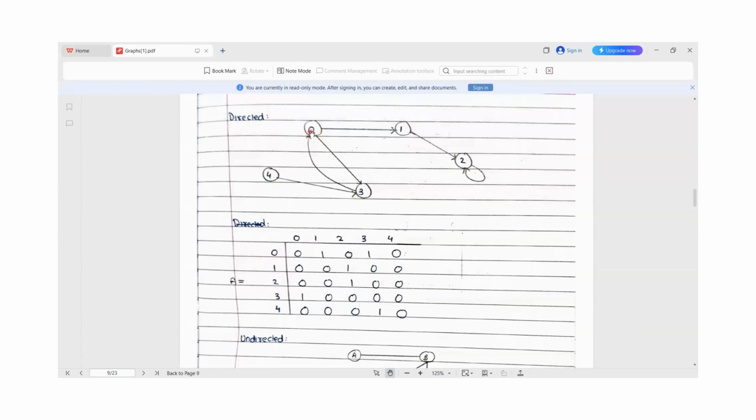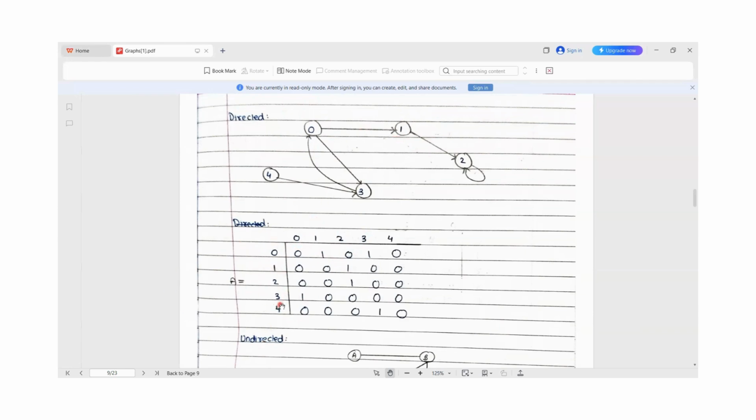We look at the outgoing edges from this node. From node 0, there is an edge to 1 and also to 3, so we'll mark 1 for 1 and 3. If there is an edge between two nodes, we'll mark it as 1, else we'll mark it as 0.